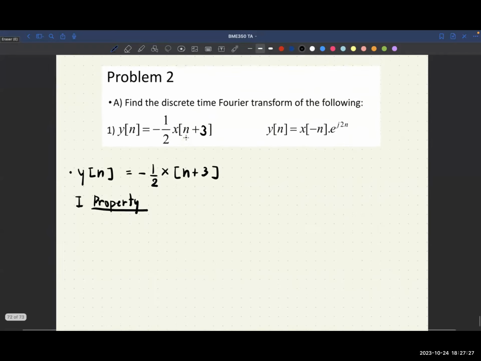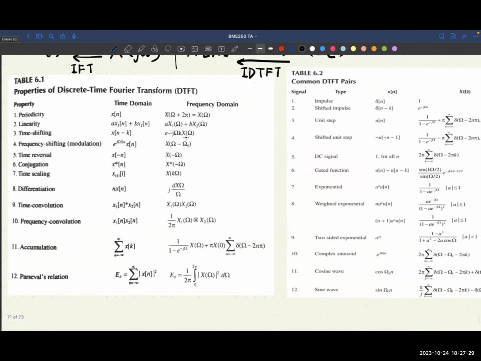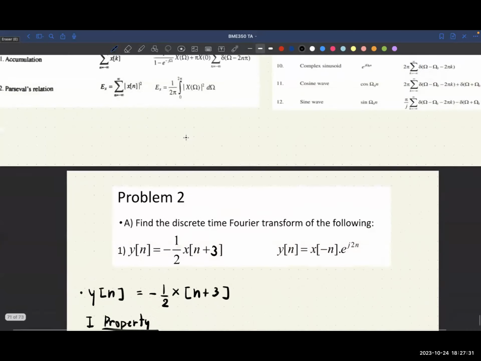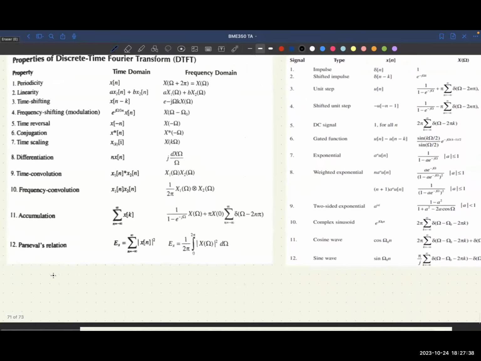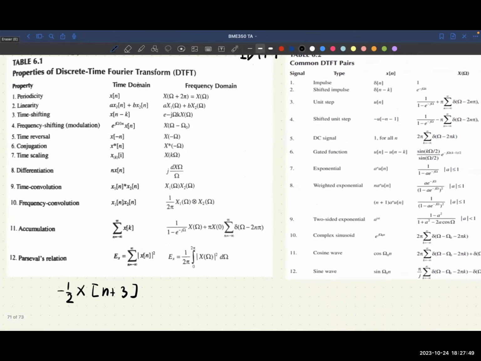Okay, let's look at table 6.1 here. From our question, -1/2 x[n+3], right? Would anyone like to point out the relevant property that we'll be using to solve this question?